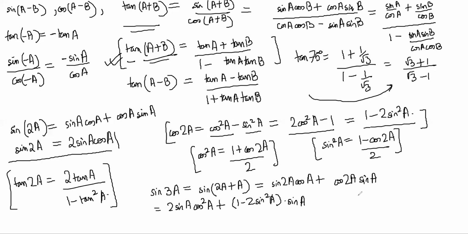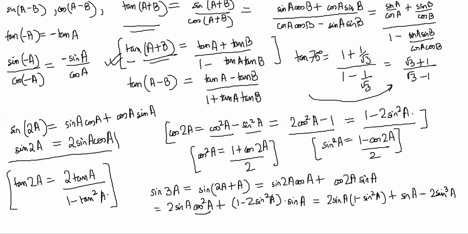And this one also can be converted only in terms of sine by writing cos square as 1 minus sine square. It becomes 2 sine A into 1 minus sine square A plus sine A minus 2 sine cube A, right?